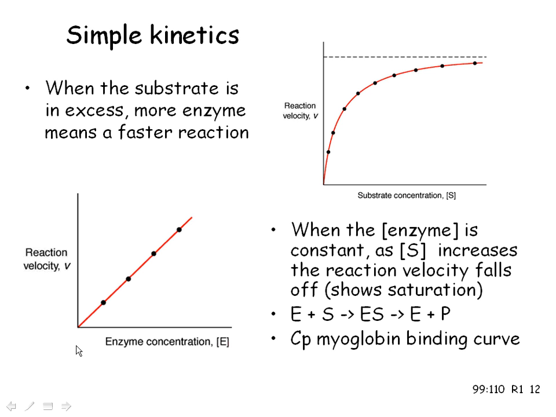If you're holding the substrate constant, you can vary enzyme concentration and see that you can get a faster reaction by adding more enzyme to it. So if you have saturating amounts, you can then increase it that way.